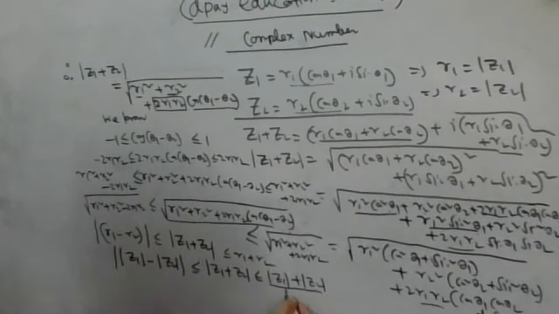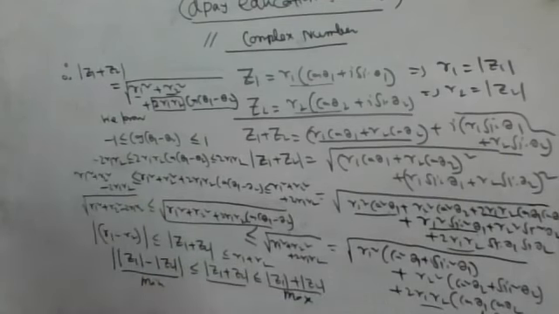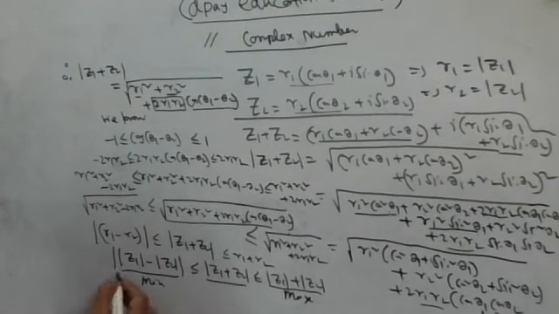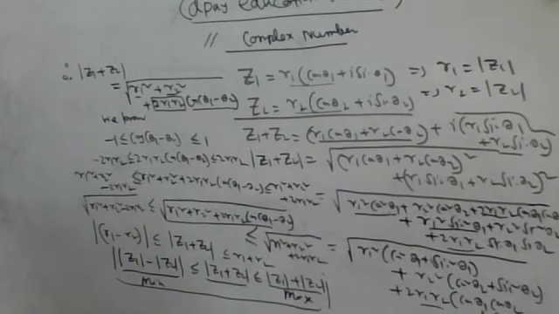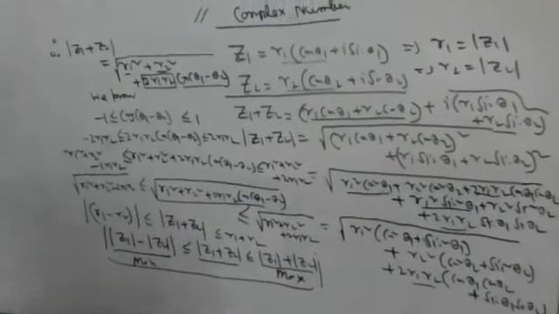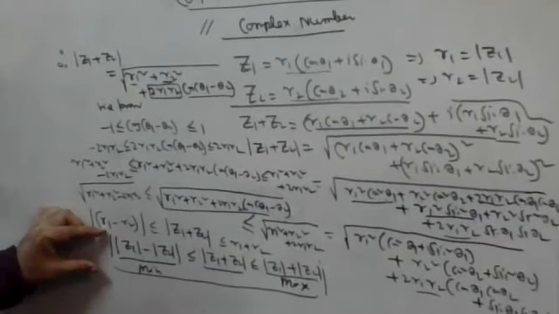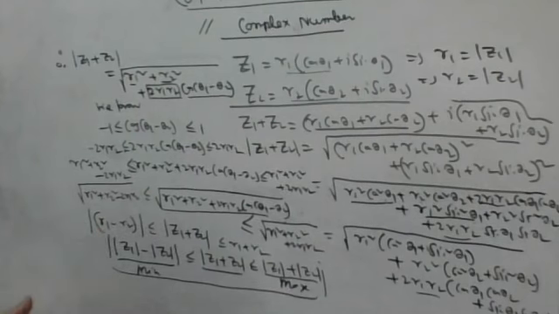So this is the max value. This is the min value of mod z1 plus z2. This is one important result you must keep in your mind. You must remember it. We will get its application.